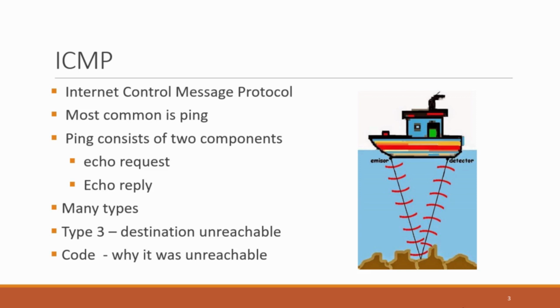This code will tell us why it's unreachable. One of the most common ones that we will encounter is type 3 destination unreachable code 3. This means the reason it's unreachable is the port's unreachable. We also have type 3 code 13. Code 13 means the packet is administratively prohibited. As you can see, these types, and especially the code types, can assist us in troubleshooting our network.